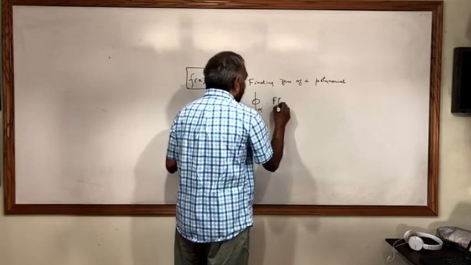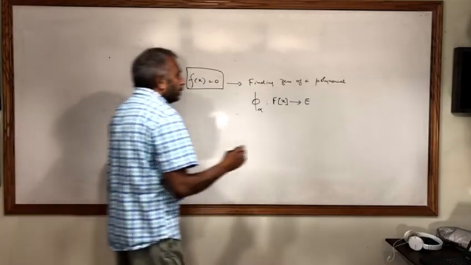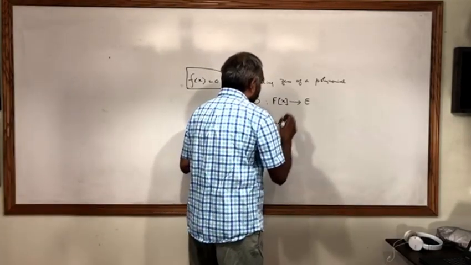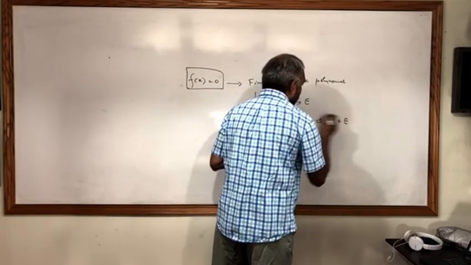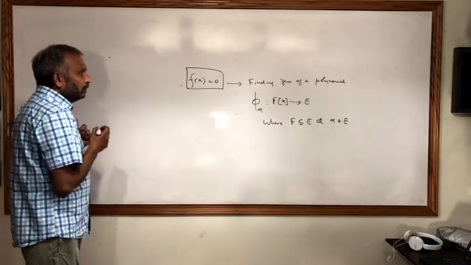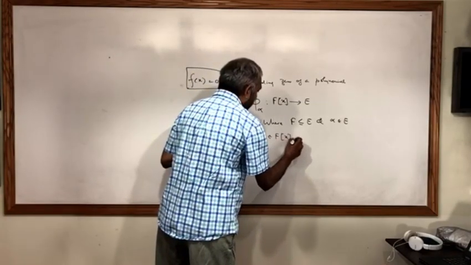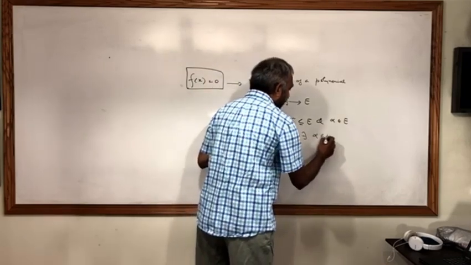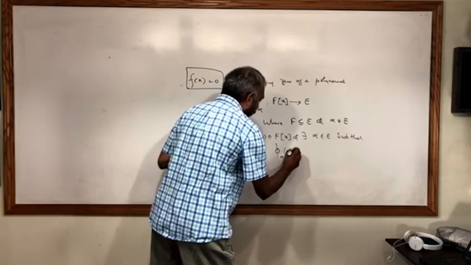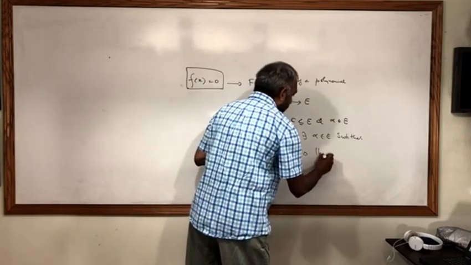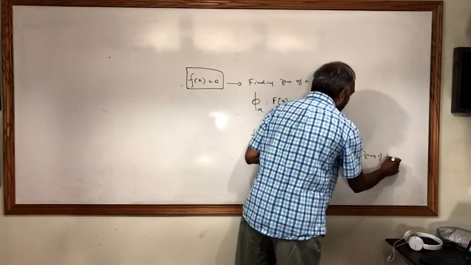from F of x to E, where F is a subfield of E and alpha belongs to E. Then what we are seeing is that if f of x belongs to F of x, and if there exists an alpha in E such that phi alpha of f of x is equal to 0, then alpha is the 0 of f of x.